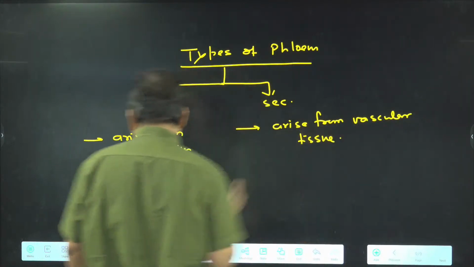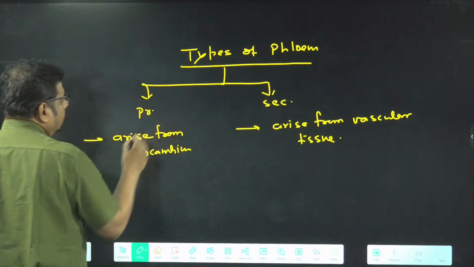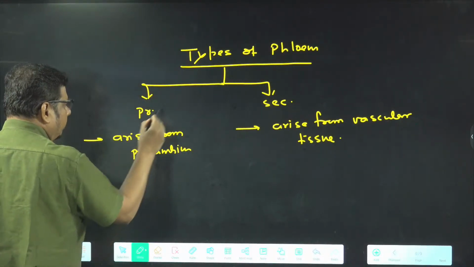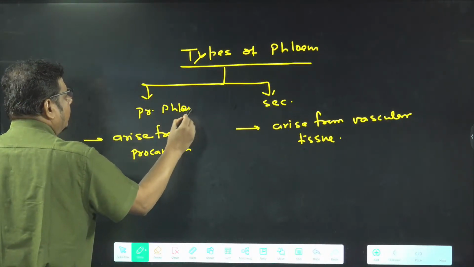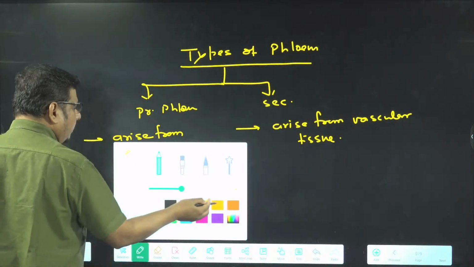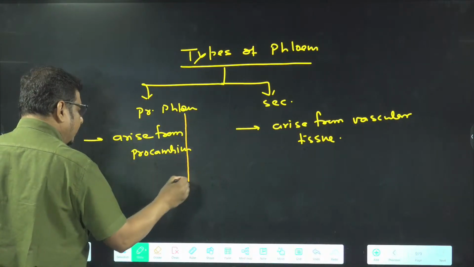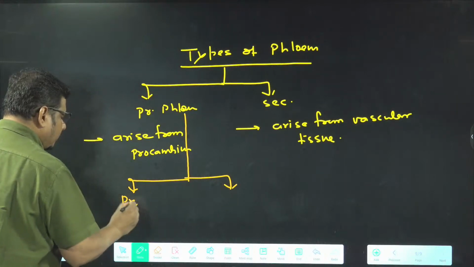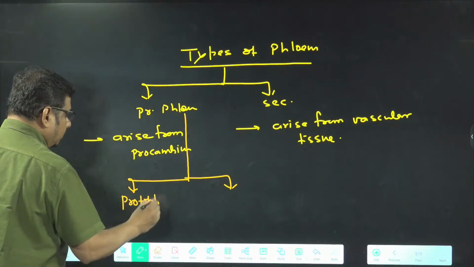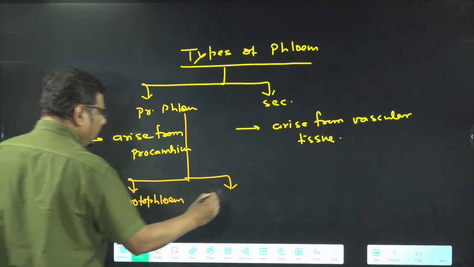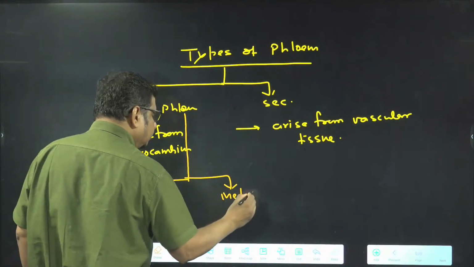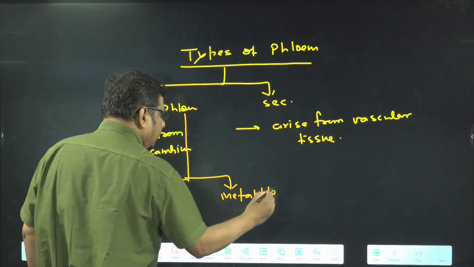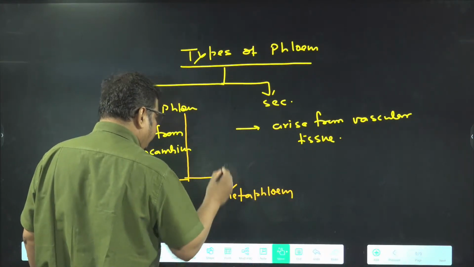If you talk about here also, primary phloem is of how many types? Two types. And what are the names? Protophloem and metaphloem. Getting the idea or not?